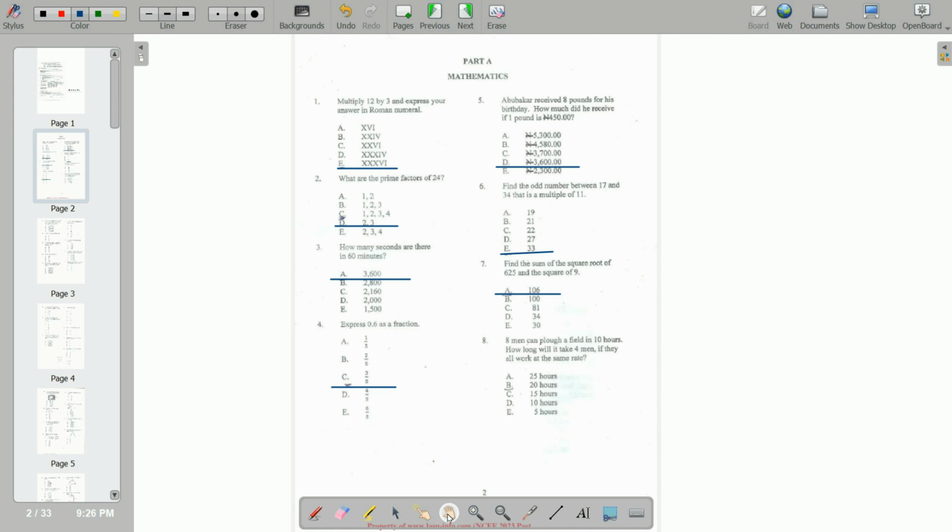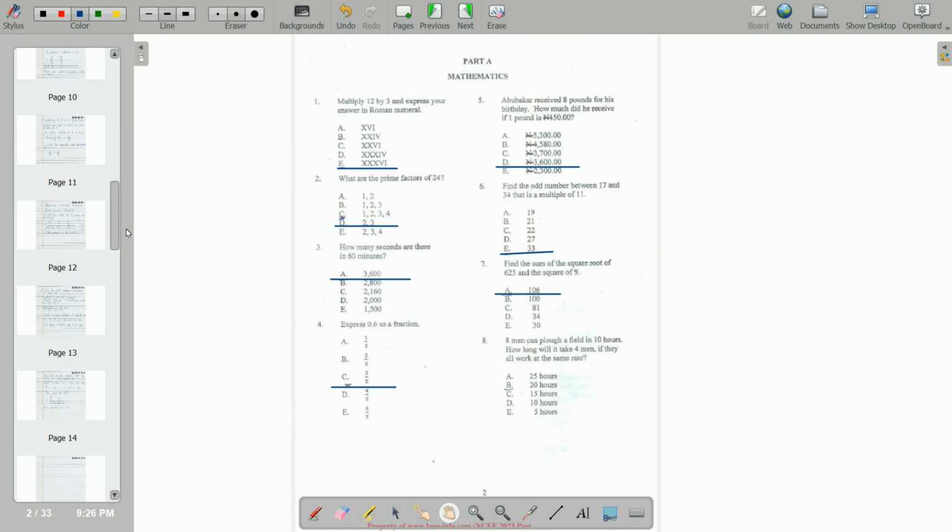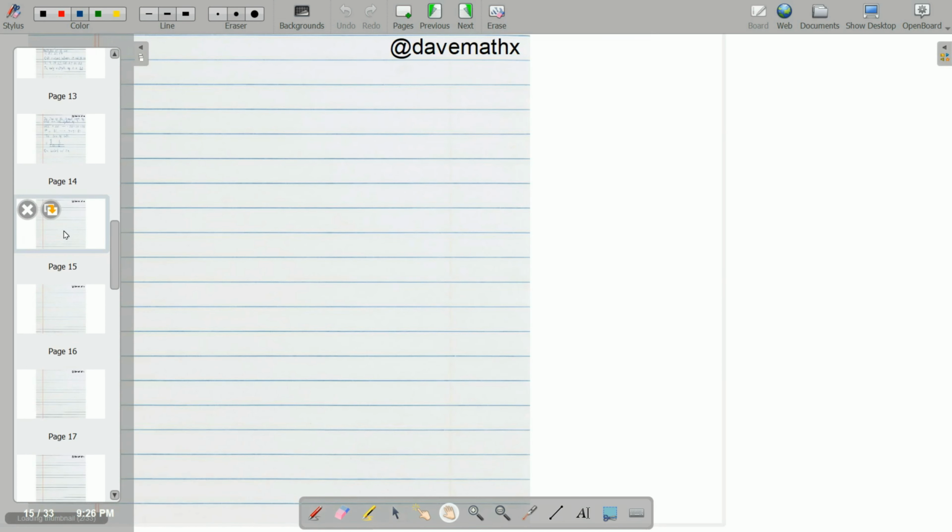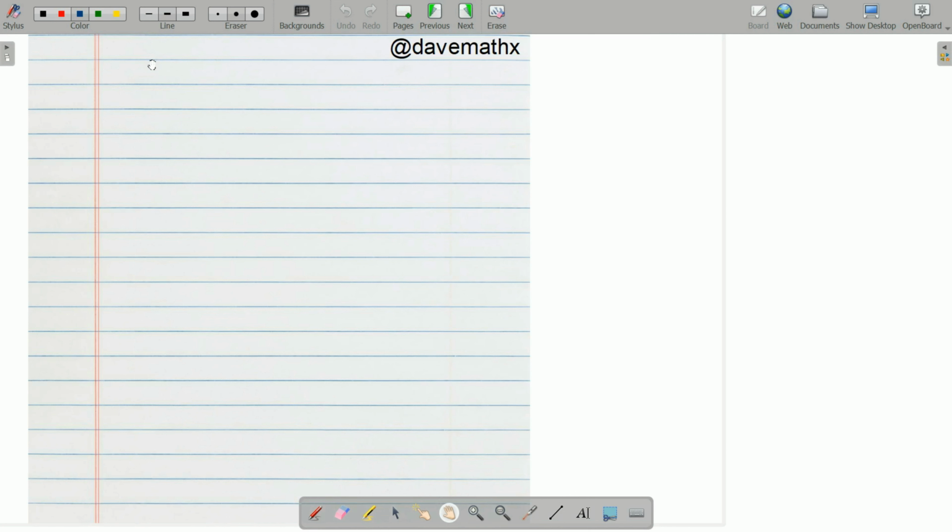Next up is question 8. In response to question 8, 8 men can clear a field in 10 hours. If 4 men labor at the same pace, how long will it take?